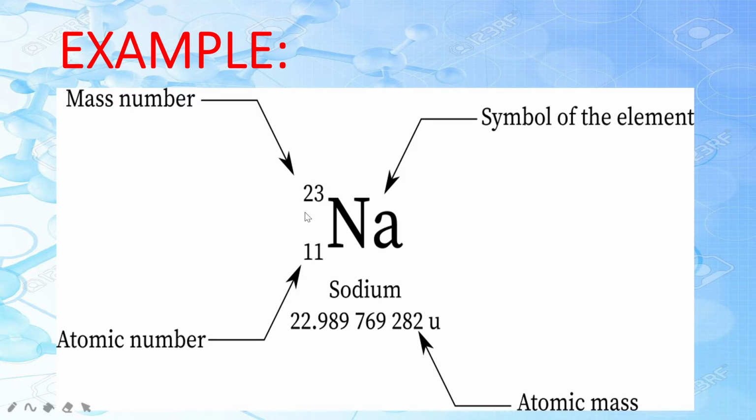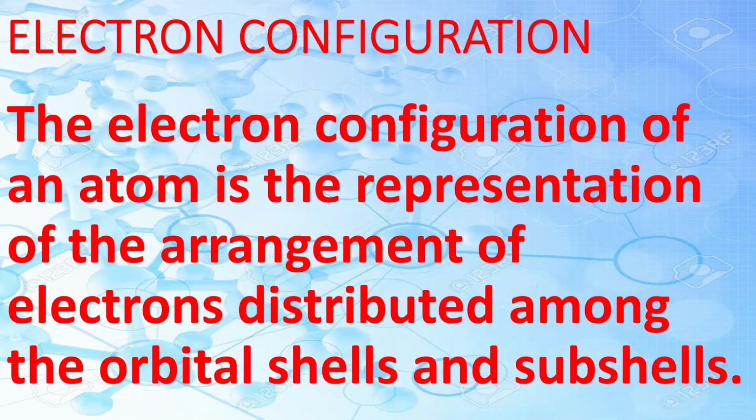The mass number of sodium is 23 and the atomic number is 11. So the atomic mass of sodium is 22.989,769,282.